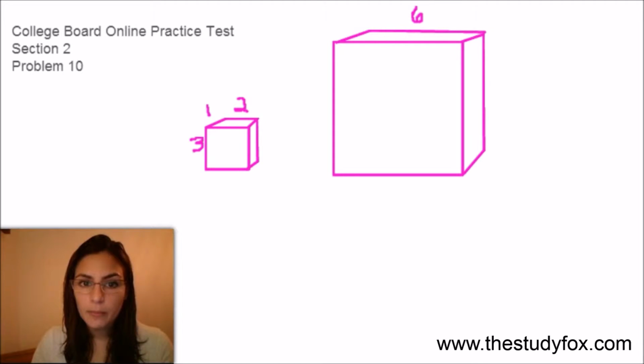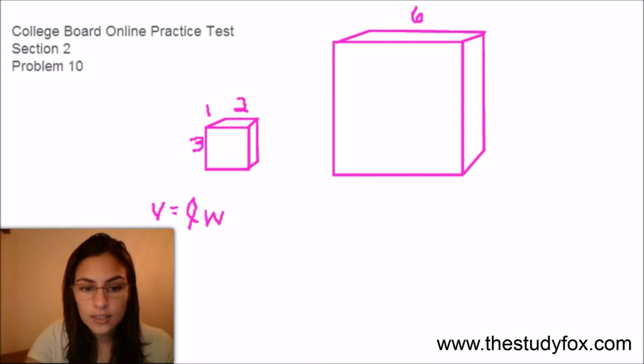And that should trigger the thought volume, because volume is the measure in geometry that deals with 3-dimensional objects. So let's do volume here. And the formula for volume is length times width times height.